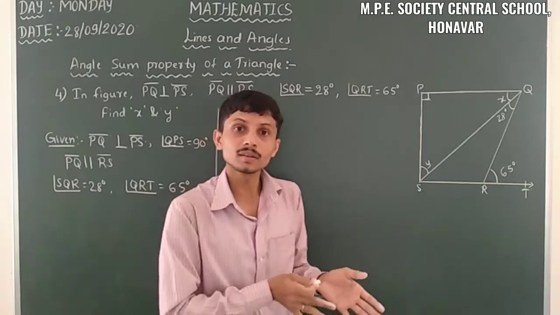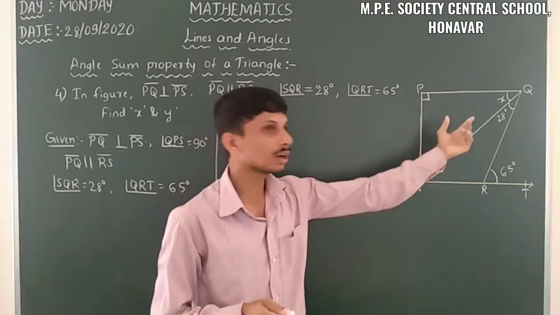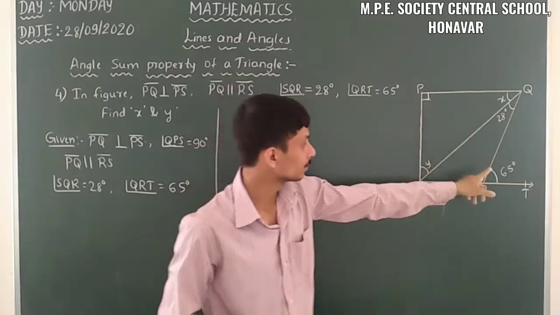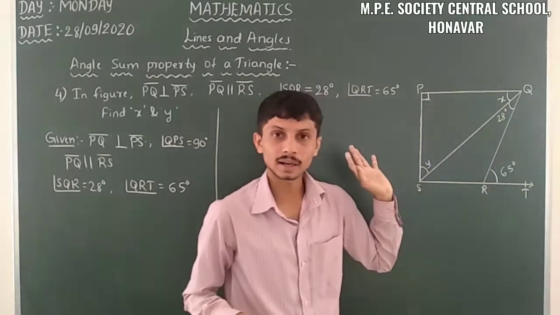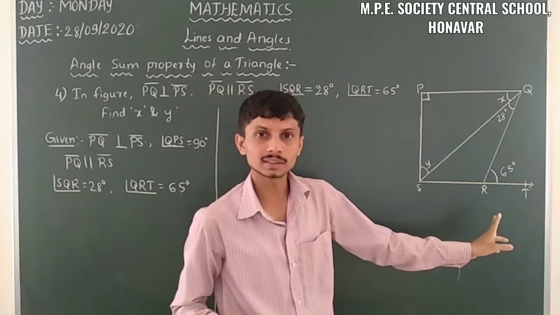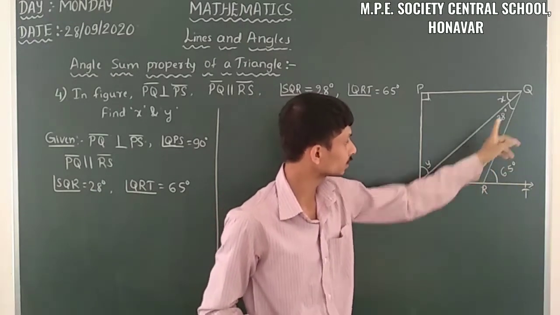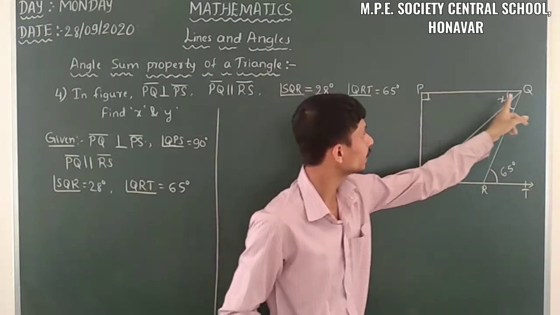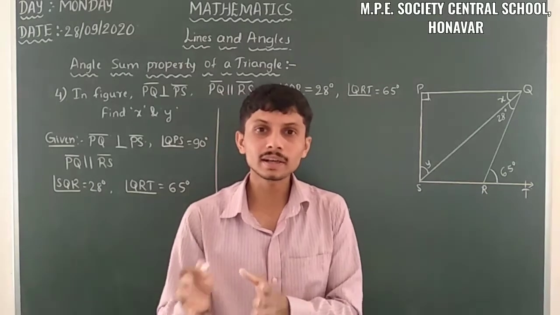Another possibility for finding one of the unknown values is this. PQ is parallel to RS, so PQ is parallel to ST. Then just observe: the 65 degree angle QRT and angle PQR are alternate interior angles.